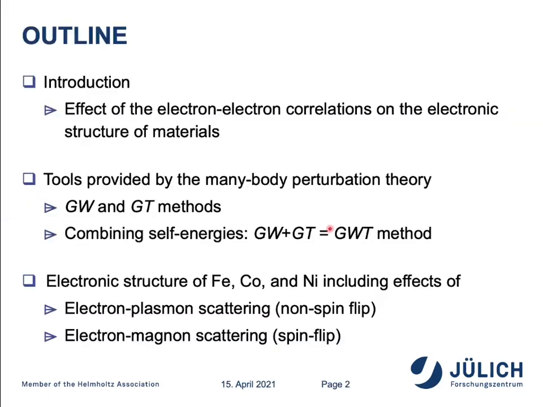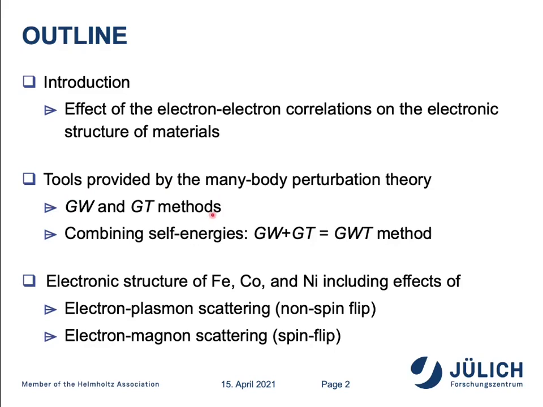As an introduction to my talk, I would like to remind you about the role of electron-electron correlation effects and how these effects expose themselves in the electronic structure, specifically in the case of ferromagnetic systems. Then I'm going to introduce the two tools of the many-body perturbation theory, the GW and GT approaches, and explain which type of electron correlations they describe.